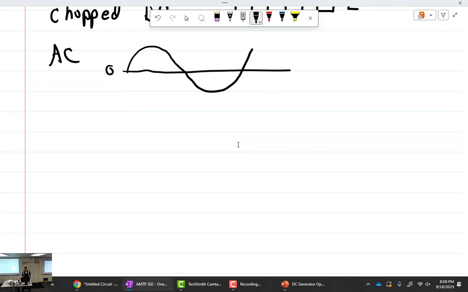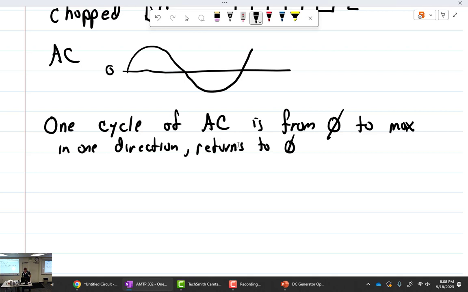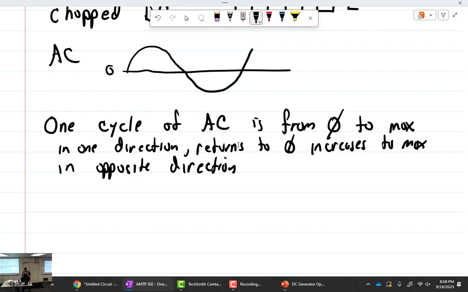One cycle of AC is from 0 to maximum in one direction, returns to 0, increases to a maximum in opposite direction, and returns to 0.